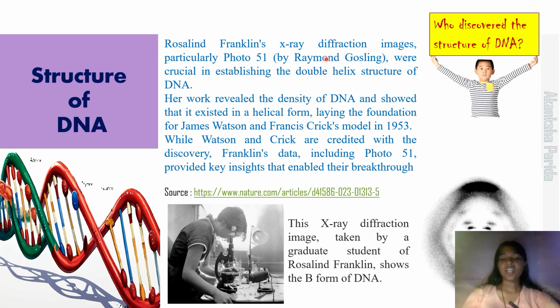While the official announcement of the double helix model by Watson and Crick was made in 1953, Franklin's work was fundamental and it was already discovered in 1952. But she was mainly focused on the A form of DNA.